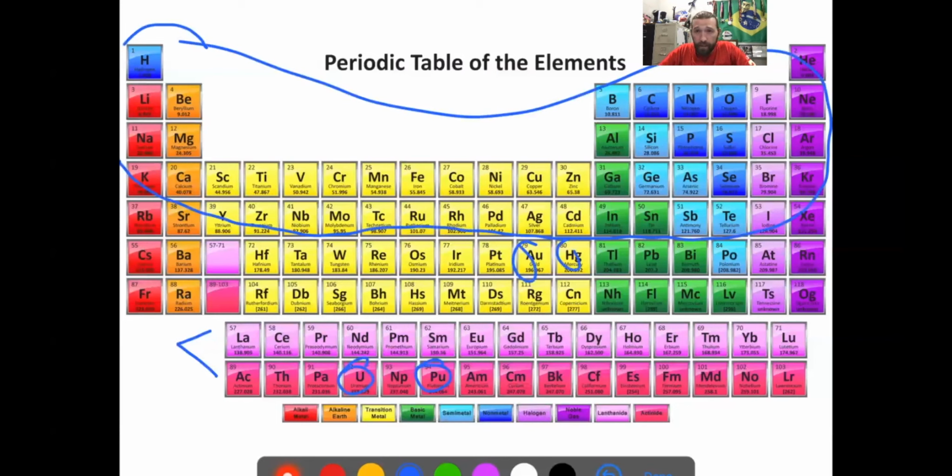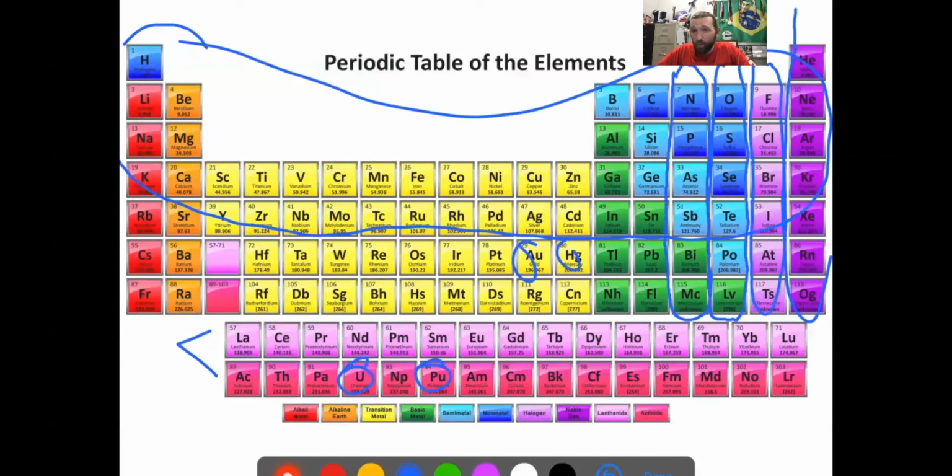We're going to get into the periodic table, but each one of these groups, you notice they're all colored the same. These all have similar properties. So oxygen, sulfur, selenium, tellurium, polonium, livermorium, these all have similar properties. And same thing with nitrogen, phosphorus, arsenic, antimony, bismuth, moscovium. They all have similar properties.